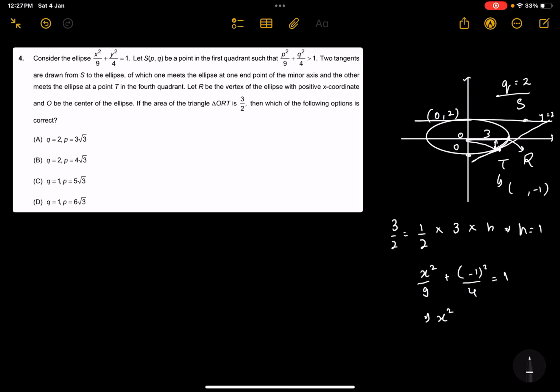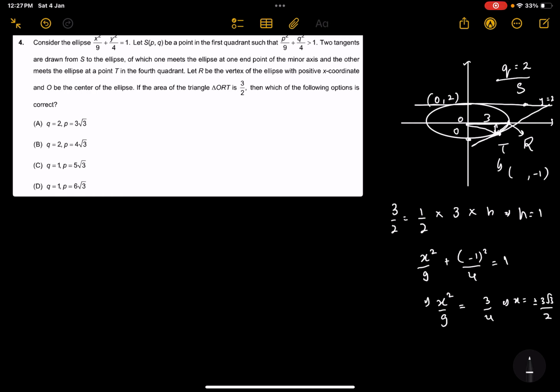This gives x²/9 = 3/4, and we'll take x = +3√3/2 because T is in the fourth quadrant. So we have the coordinates of T.